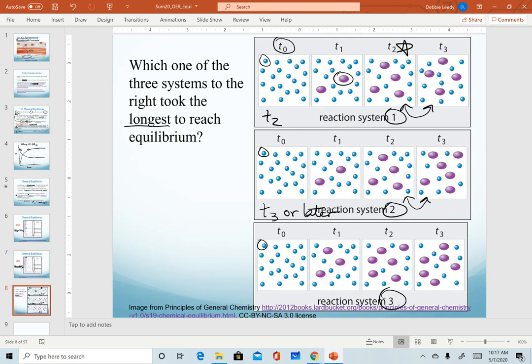So let's look at reaction system 3 and see what happens here. Again, notice in this one, if we compare the amounts of substances in T2 versus T3, they're the same. And so that means that this system reached equilibrium at T2, at time 2. And so our reaction system 2 took the longest to reach equilibrium, whether it was at time 3 or later.